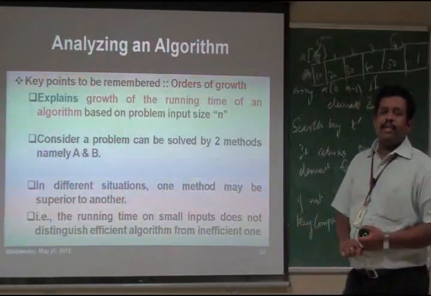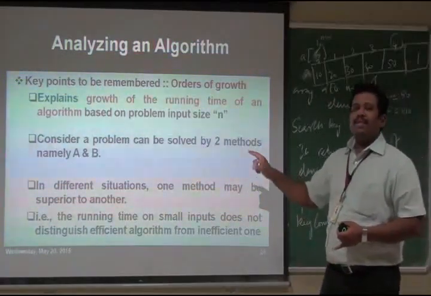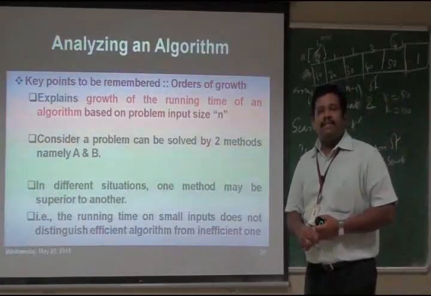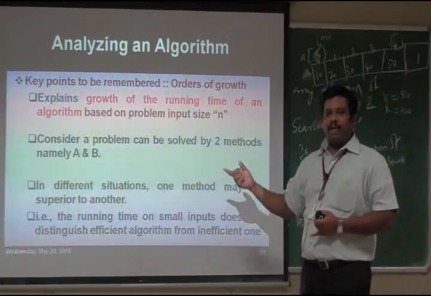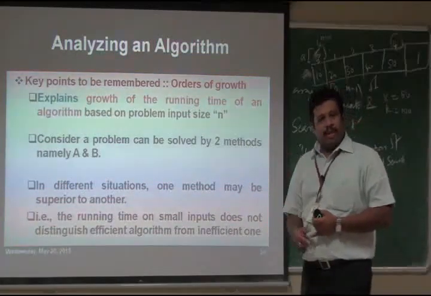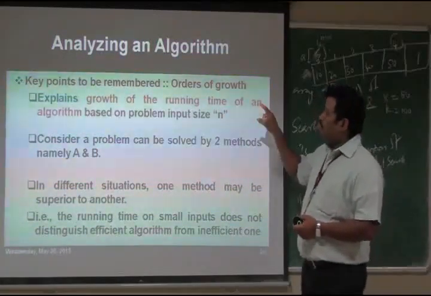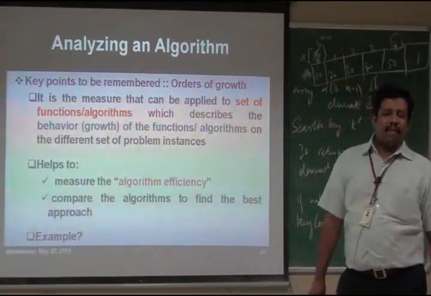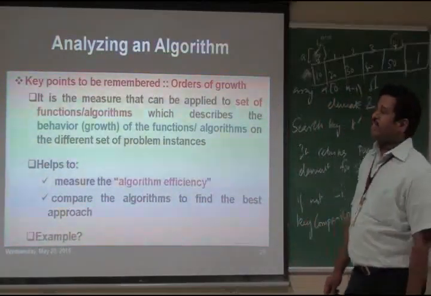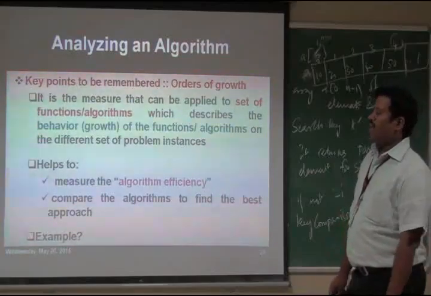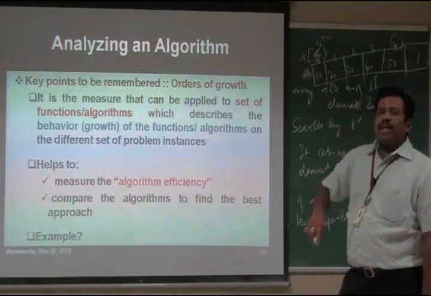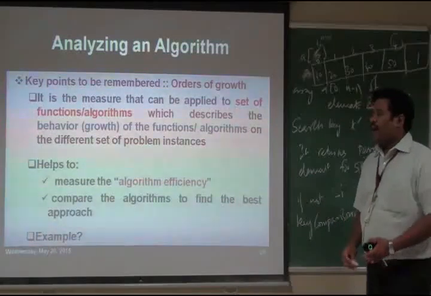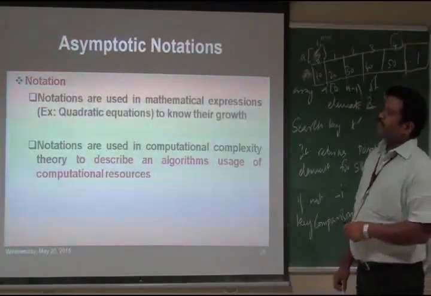In a particular situation, you cannot say algorithm A is superior to algorithm B. Based on the number of input instances passed to the particular algorithm, one algorithm may be superior to the other. So orders of growth is nothing but a measure applicable to either a function or an algorithm to assess the efficiency or the growth of an algorithm for different input instances. So it is mainly used to assess algorithm efficiency.